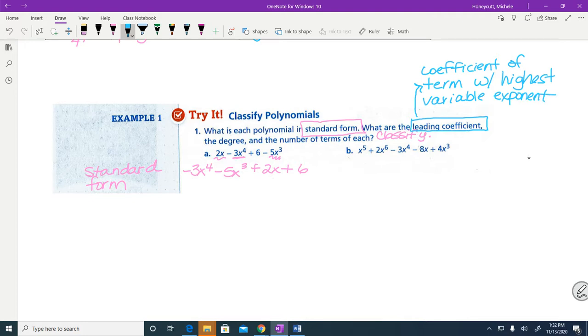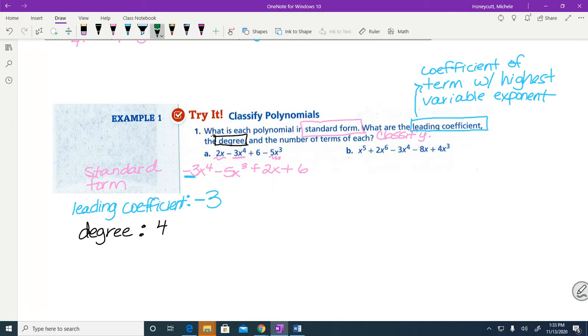So I'm going to come over here and say that my leading coefficient is going to be the coefficient of the term with the highest exponent, negative 3. Then it tells me to identify the degree. So my degree is, the highest exponent is 4, so the degree for this one is 4.